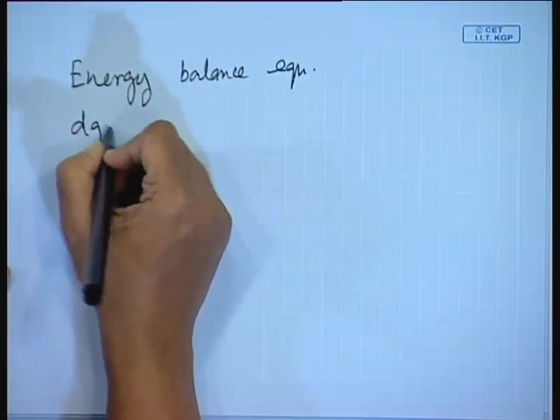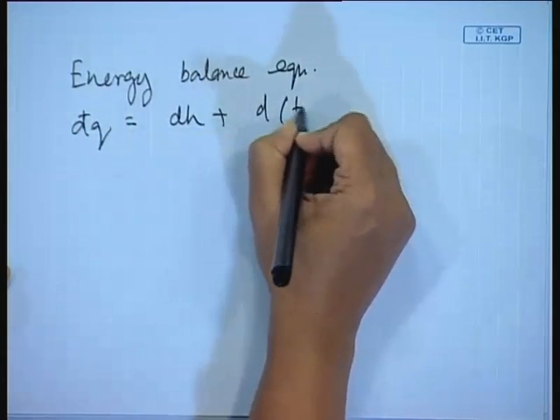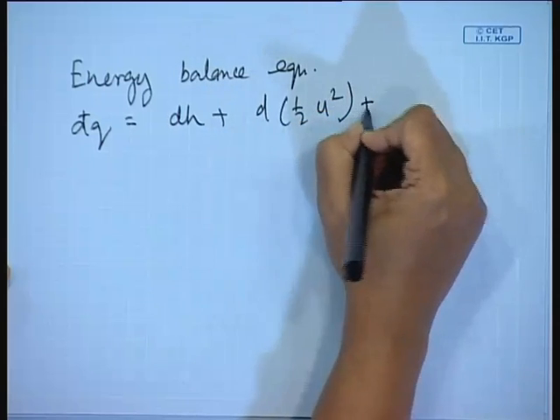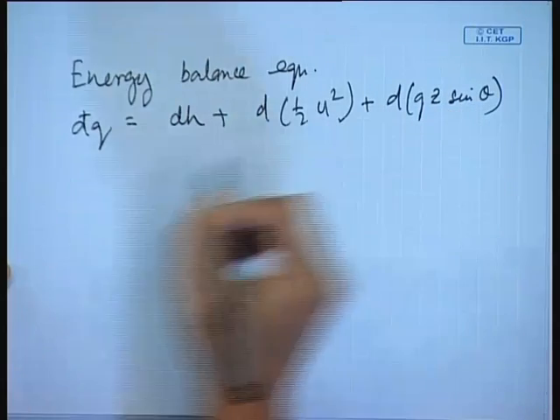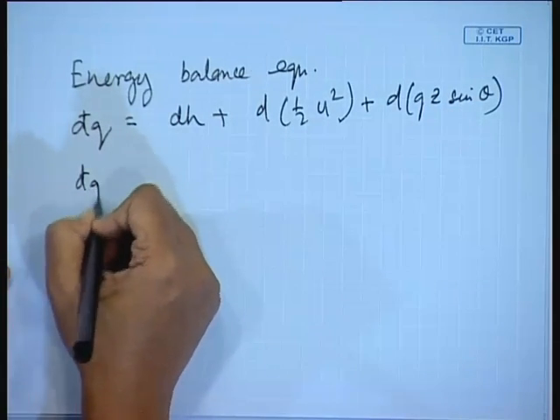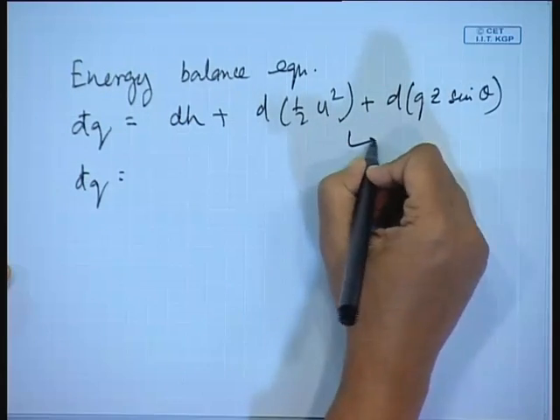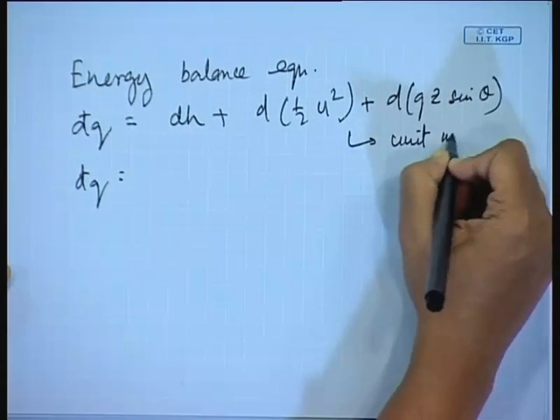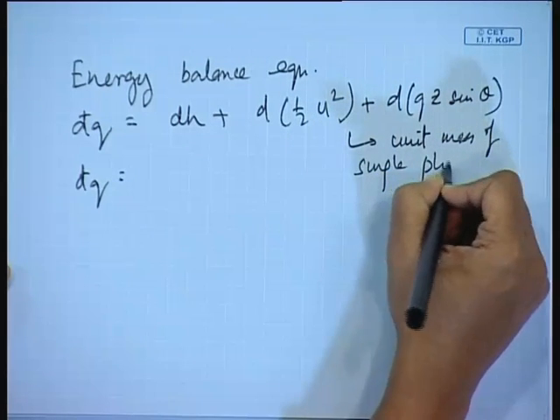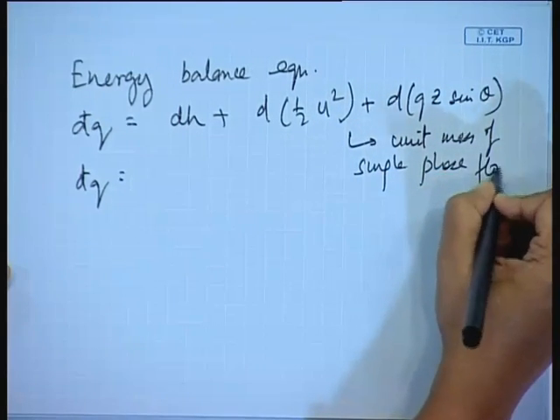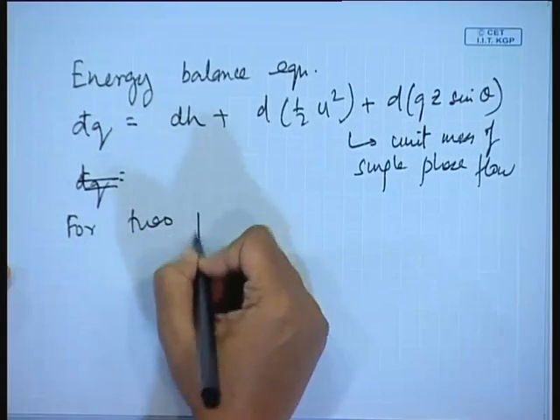it was dq equal to dh plus d half u square. Just in the previous class we had defined it. This particular case also is going to be dq. Suppose this was for unit mass of single phase flow. For two phase flow, what do we get?